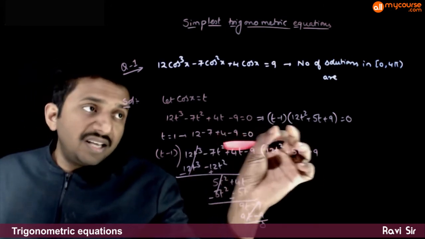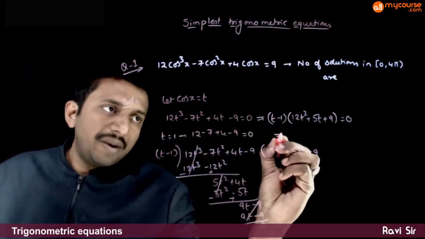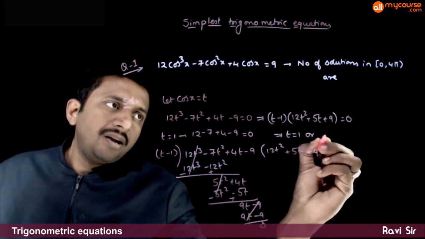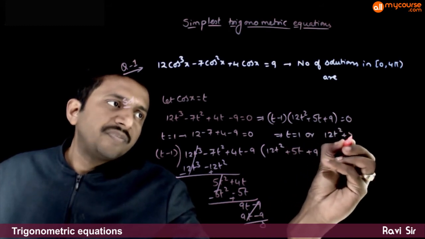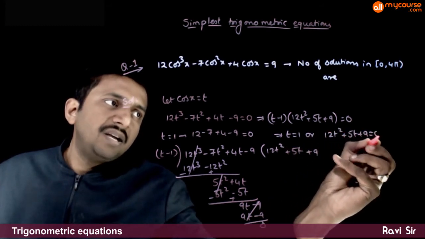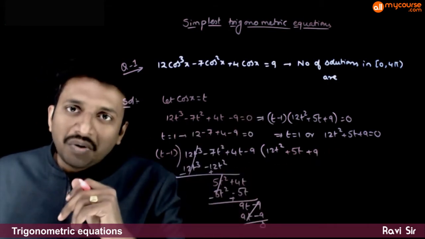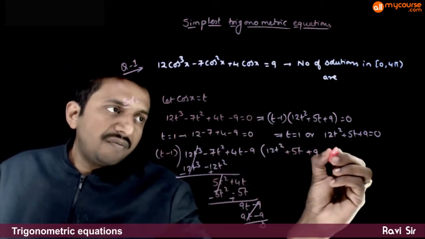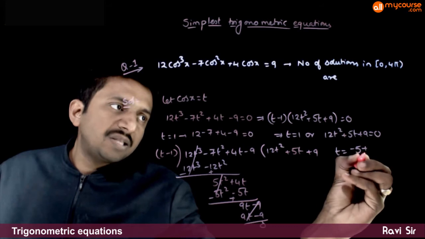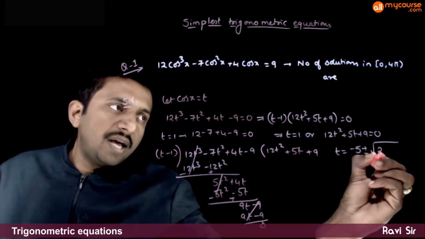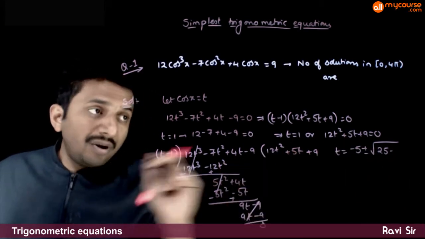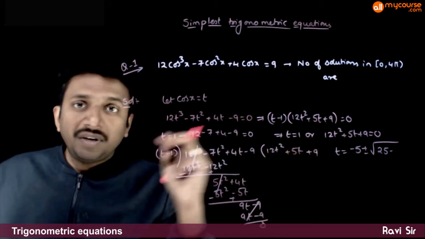So either this is equal to 0 or this is equal to 0. This implies either t is equal to 1 or 12t square plus 5t plus 9 is equal to 0. This is a quadratic equation. This can be directly solved. t is equal to minus b plus minus root of b square minus 4ac, 4 into 12 into 9.